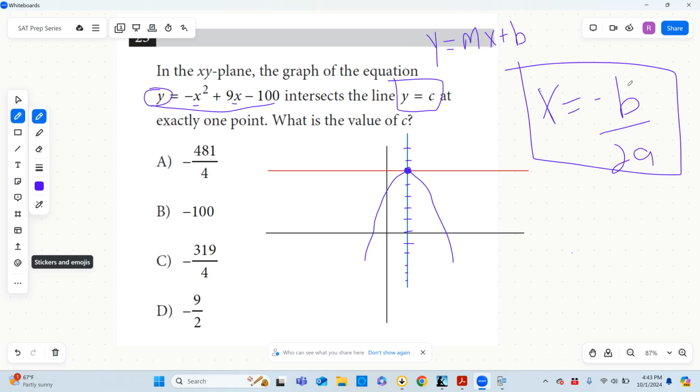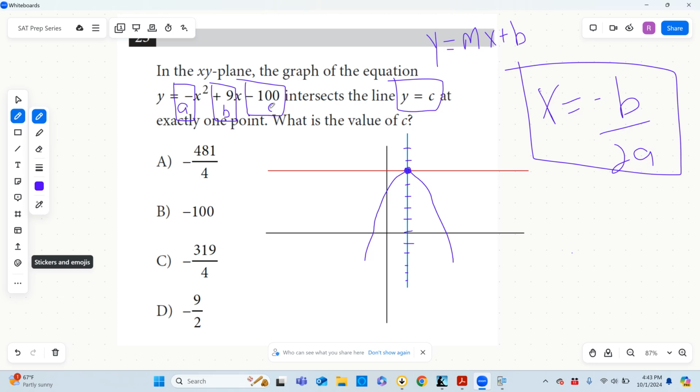So where am I going to get these b and a values from? Well, if you know about the standard form of a parabola, then you know that parabolas are usually written as y equals ax squared plus bx plus c. So in this case, my b term should be 9, and my c term should be negative 100, and that makes my a term, the coefficient attached to my x squared, negative 1.